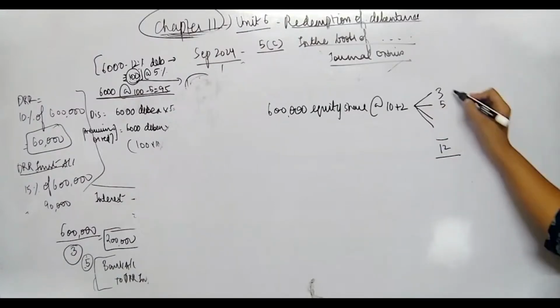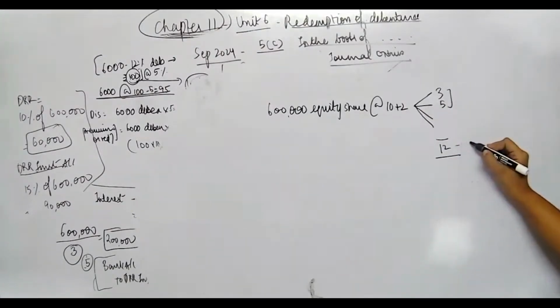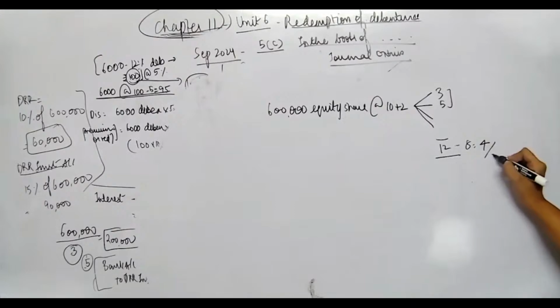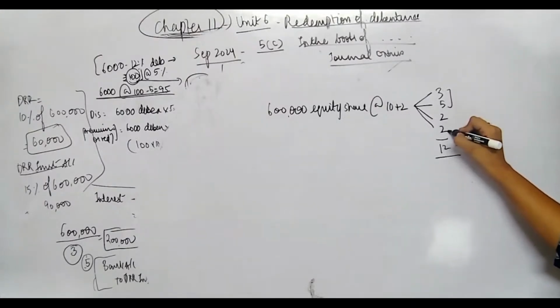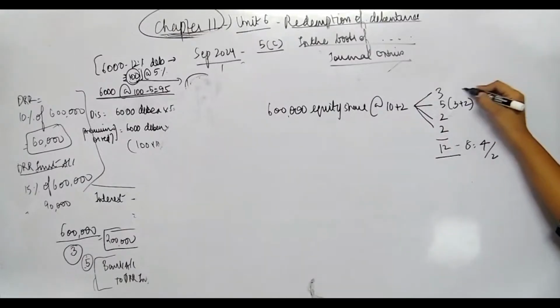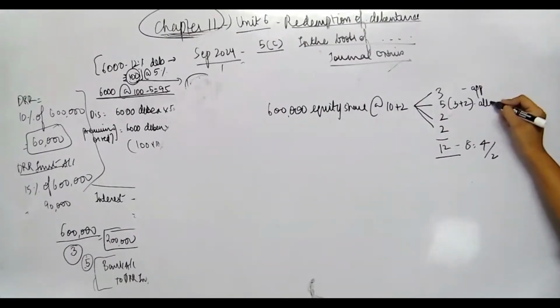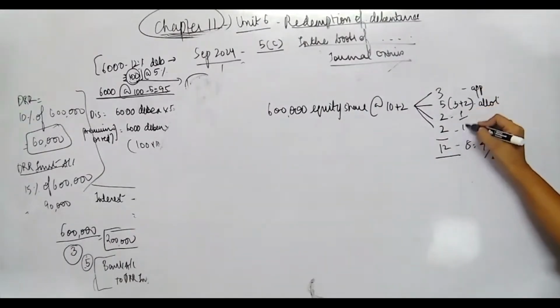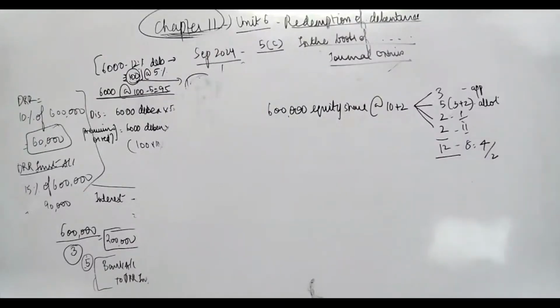So 12 rupees you need, already 8 rupees you have. So the remaining is 4 rupees. That you have to take in 2 calls. So 2 rupees first call, 2 rupees final call. Okay. And here you are collecting the premium. So this is application, this is allotment, this is first call, and this is second call. This much you need to first remember.